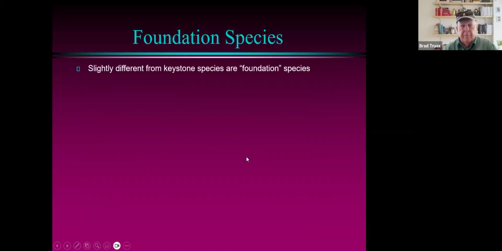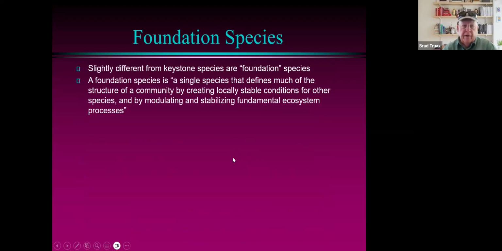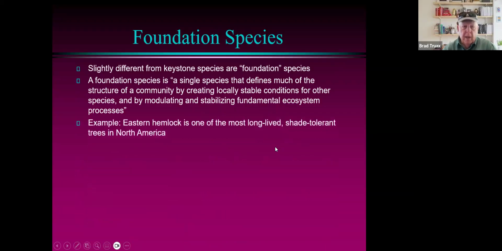A little different from a keystone species is a foundation species. And basically, a foundation species is one that creates stable conditions for other species by modulating a number of factors in the ecosystem. An example, which we can see here at Eastman, is the eastern hemlock forest.